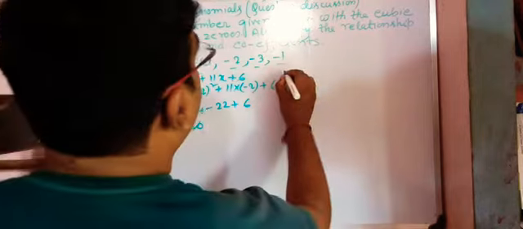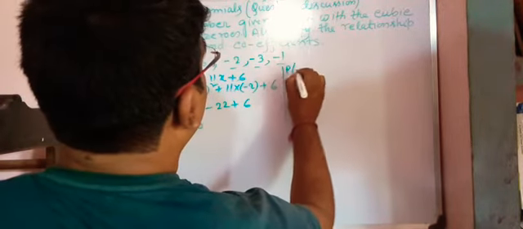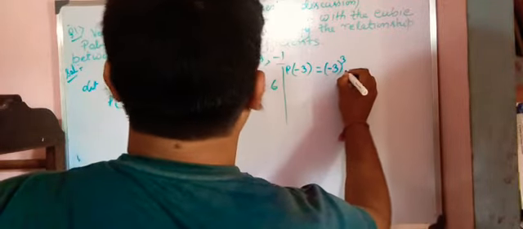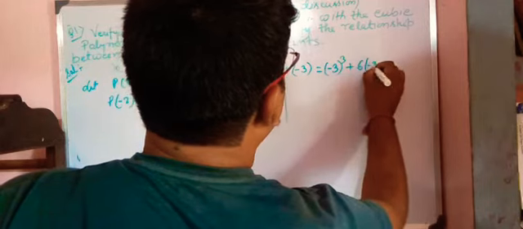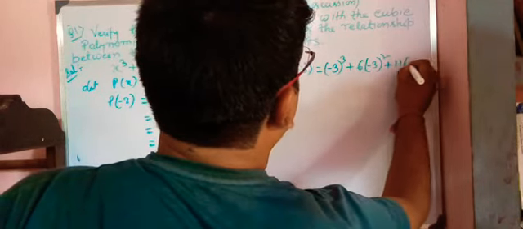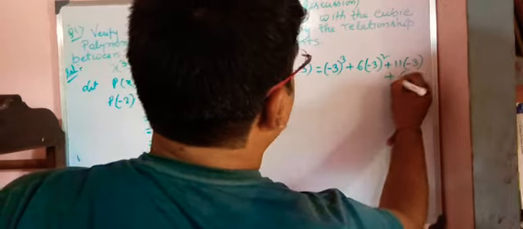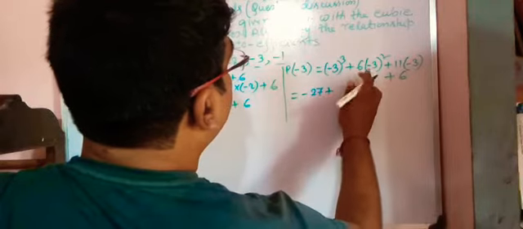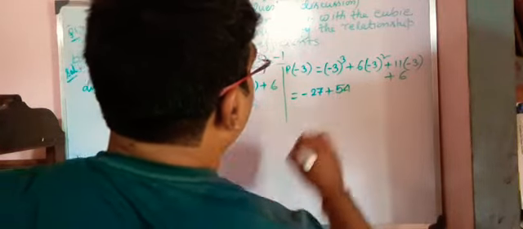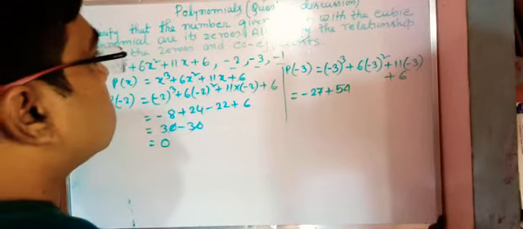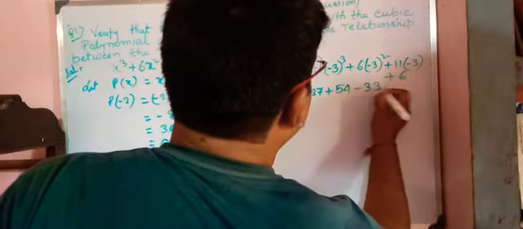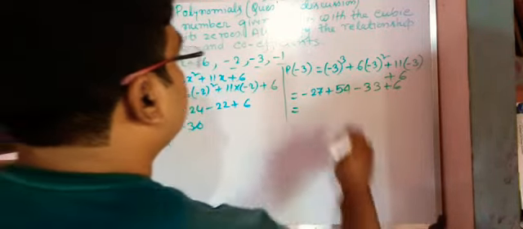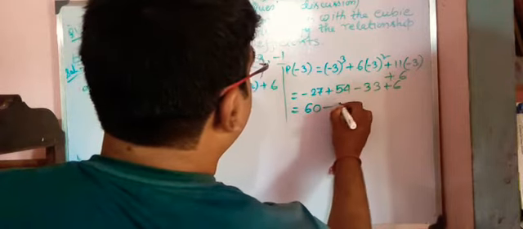Next we have to find P(-3). P(-3) is equal to (-3) cube plus 6 into (-3) square plus 11 into (-3) plus 6, that equals -27 plus 54 minus 33 plus 6, this is 60 minus 60.